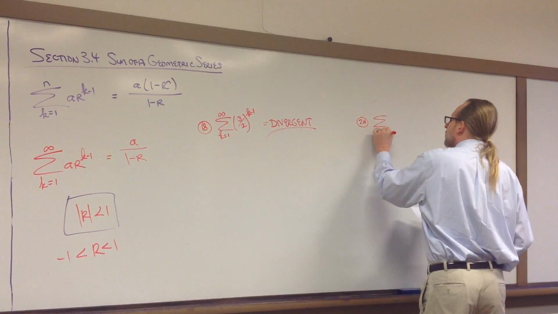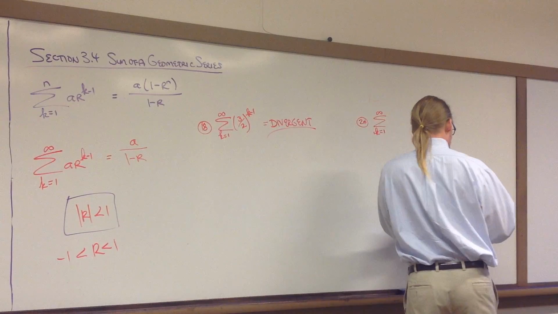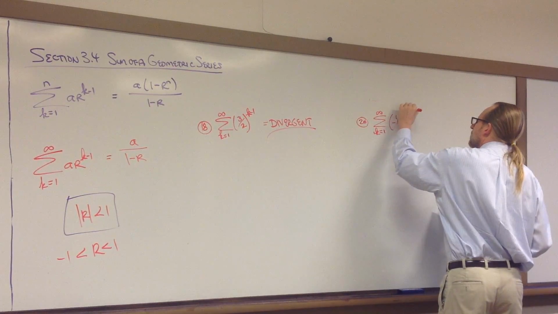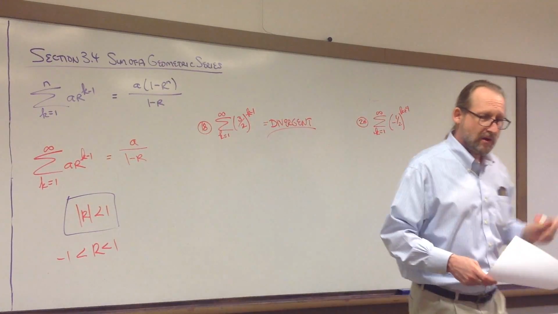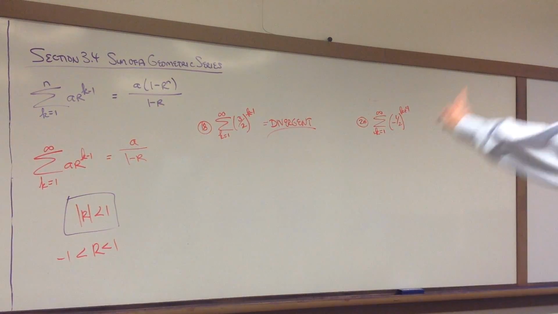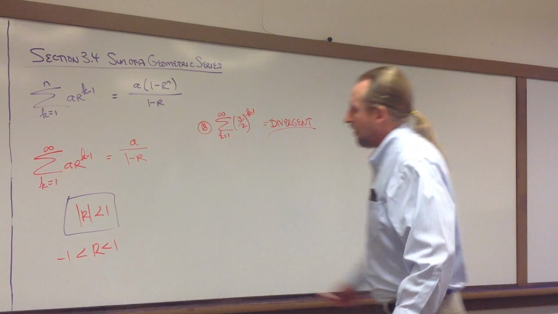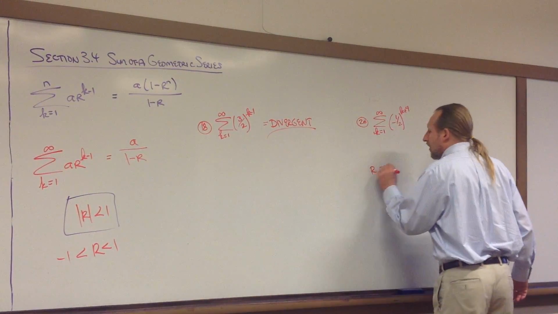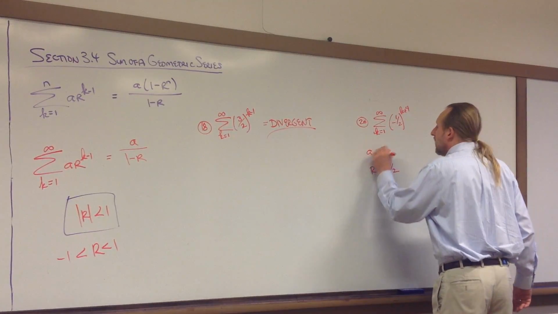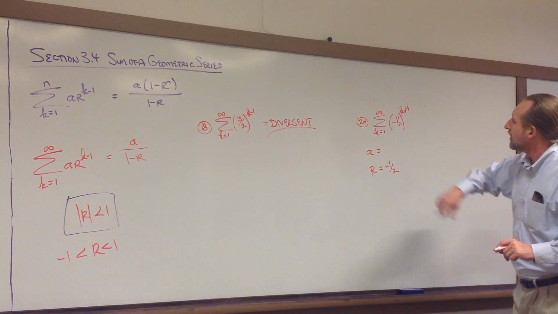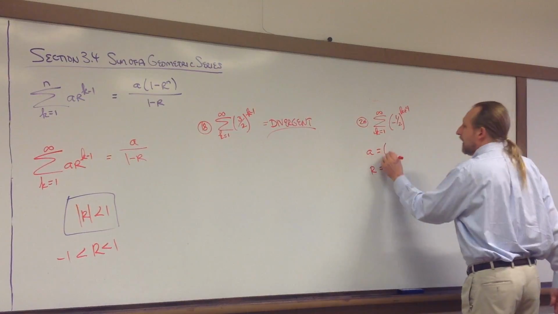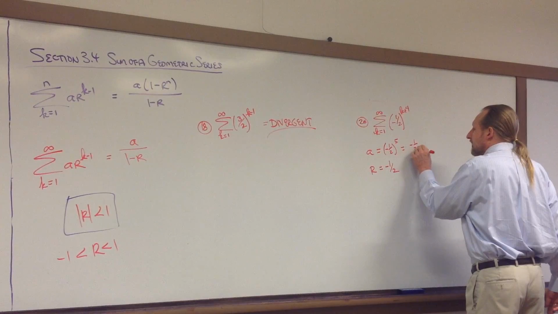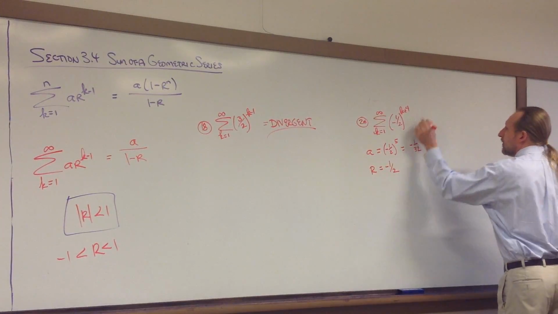All right. Problem 20. k from 1 to infinity, -1/2 to the k plus 4. Our r is between 1 and -1, and that's what we want. So r is -1/2. A, our first term, is going to be -1/2 to the 5th power, which is -1/32.